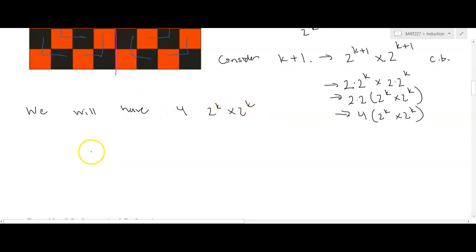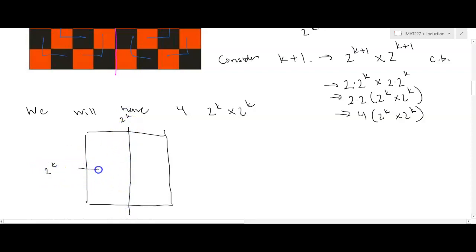And so now when I consider this 2 to the k plus 1 by 2 to the k plus 1, I'm going to see it as this whole thing here is 2 to the k, and this whole thing here is 2 to the k. If I split this down the middle across like this, then each of these is going to be a 2 to the k by 2 to the k, because we're going to have 4 of those.